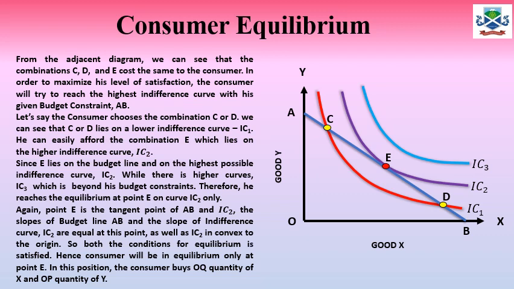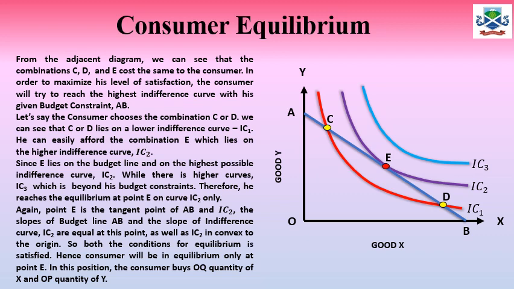Look at IC2 at the point of equilibrium: it is convex to the origin, and E is the equilibrium point for the consumer consuming the two commodities, good X and good Y.